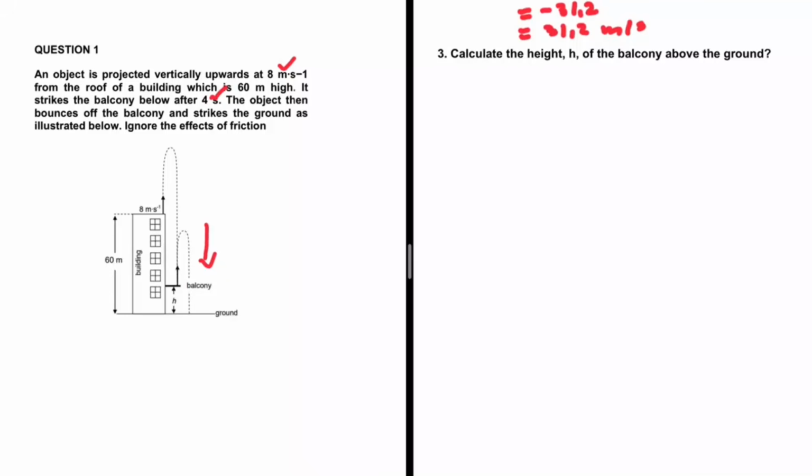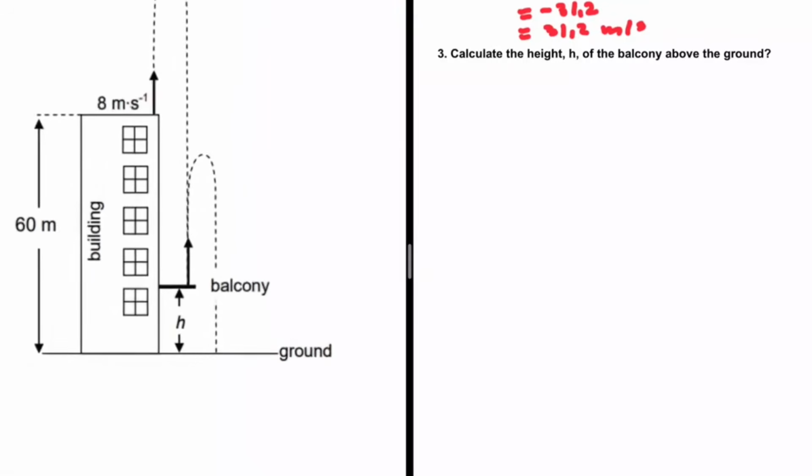So that is a tip right there. When the question talks about height, you are definitely going to calculate the displacement at some point. So we want the height from the ground to the balcony. This is the height we are interested in.